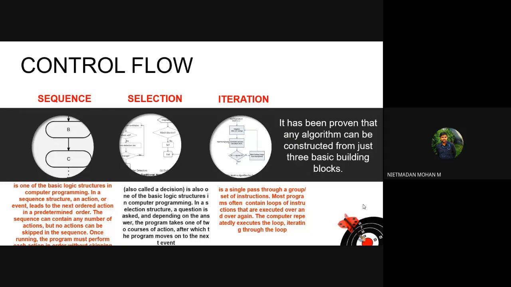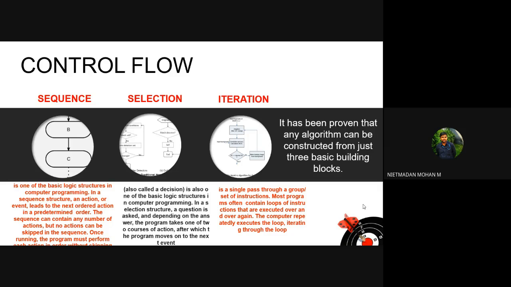Sequence means the program or algorithm will be in sequence order, so there is no jumping or looping activity there. After completion of step 1, it goes to step 2, step 3, step 4, up to step n. In the selection process, if the particular statement is correct, then it will jump to another statement.